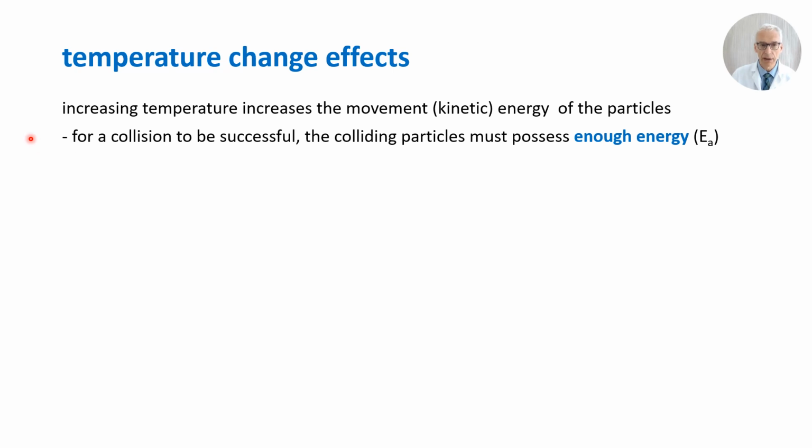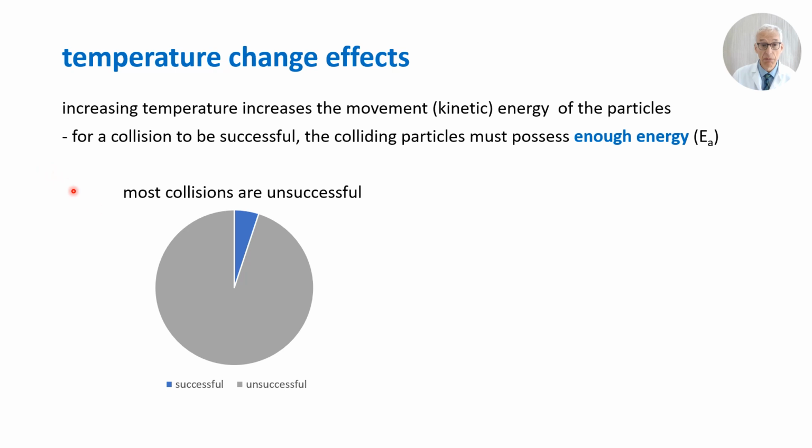Don't forget, from collision theory, for a collision to be successful, the colliding particles must possess enough energy. However, most collisions are unsuccessful. So if we look at this pie chart of collisions, the vast majority of the chart is grey, unsuccessful collisions. There's a small portion, a small percentage, a small fraction of the collisions are successful.